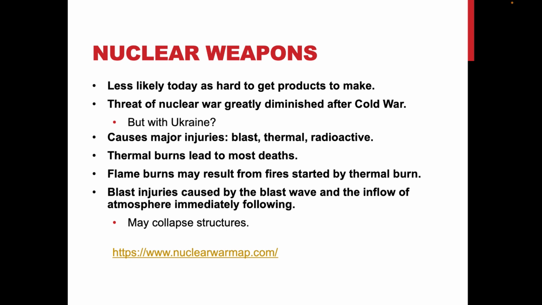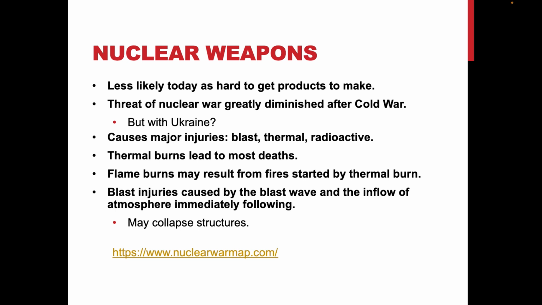The thermal burns lead to the most deaths, either from the initial flash or from the subsequent fires that will typically spread immediately following the ground zero area. The flame burns can be extensive and extend far out beyond the initial damage to buildings.